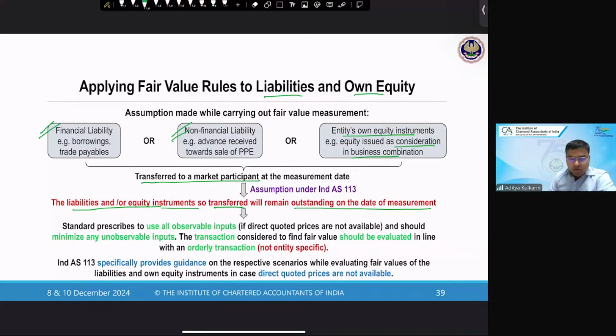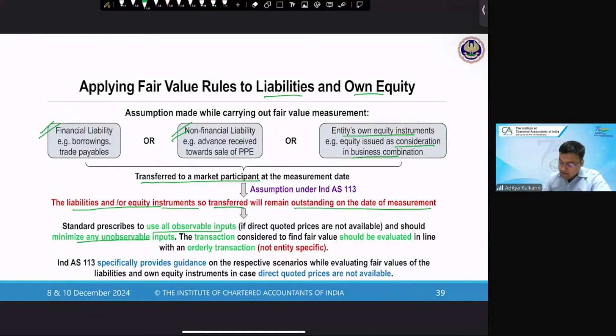Okay. So now, how do I measure? How do I do the fair valuation for liabilities and equity? So first thing is use all observable inputs and minimize any unobservable inputs. So ये rule तो चला आ रहा है. That is, maximize the usage of observable inputs, minimize the usage of unobservable inputs.